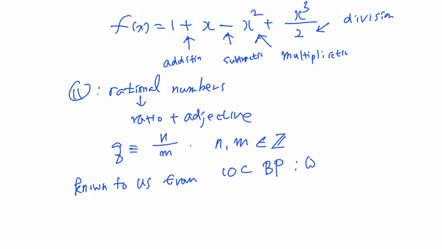Why? To tax people. So they needed to find the area for the farming land size. So you need to be able to divide.